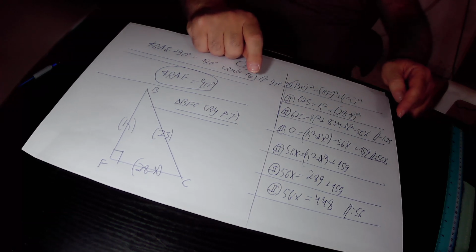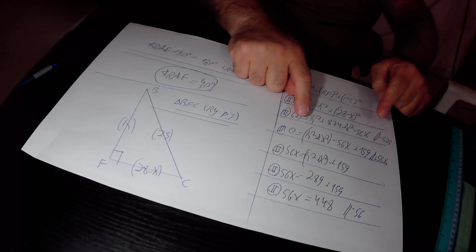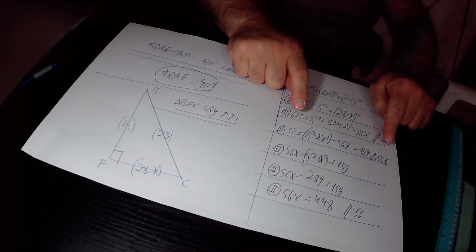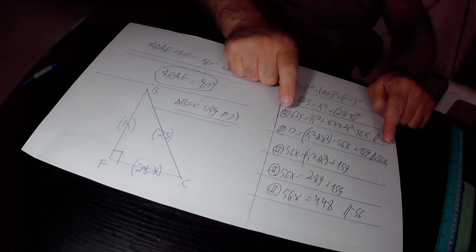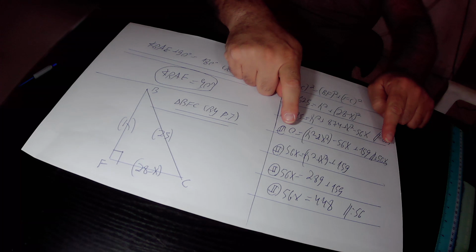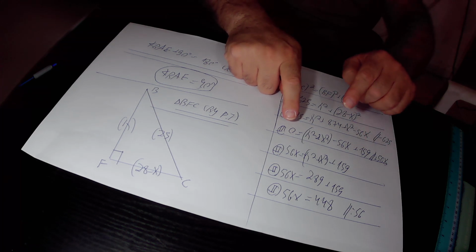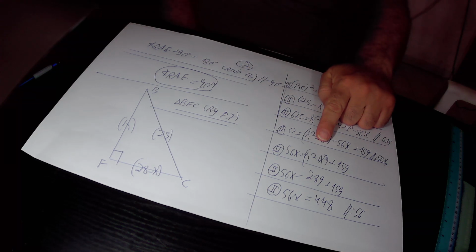So in total, according to equation 2, 0 equals 2 times X squared minus 56X plus 159. Here we added 56X to both sides, and finally found that 56X equals H squared plus X squared plus 159. According to equation 1, H squared plus X squared equals 289.